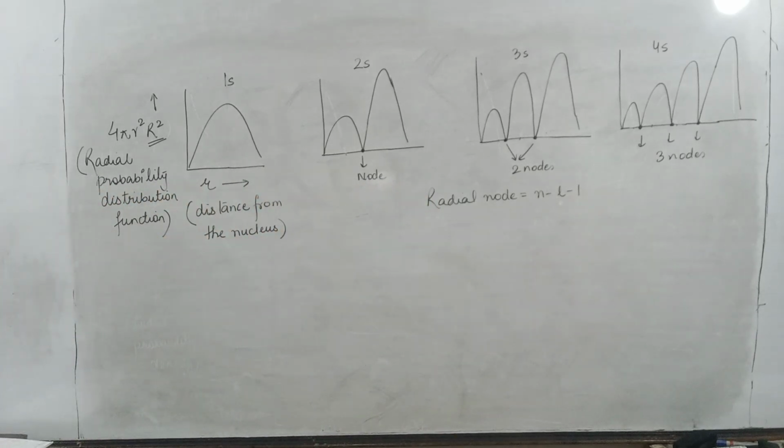So these are the radial probability distribution function curves with respect to r. So this gives you the total probability with respect to volume. Just draw them.